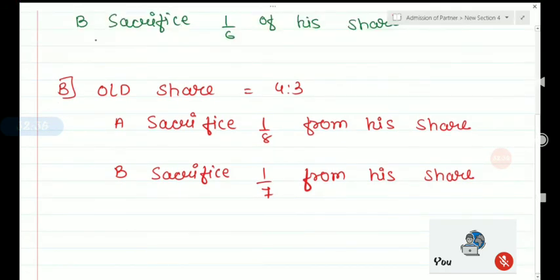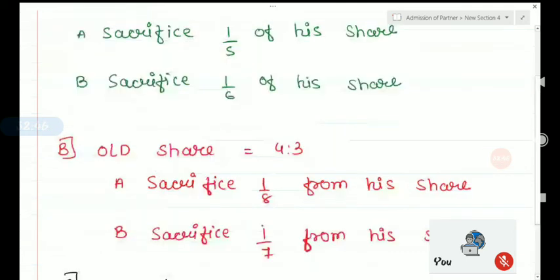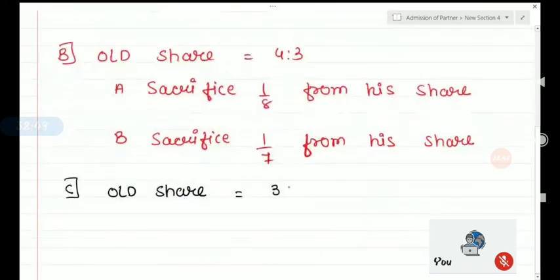that you should calculate all these 3 sums. Old share is 3:2.